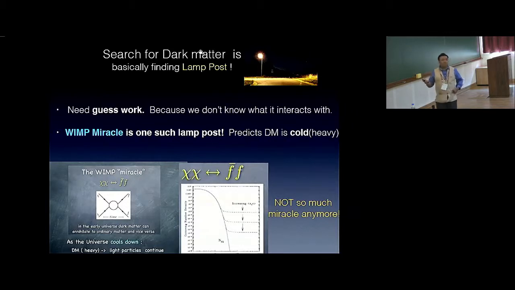And the last 20 years of dark matter search has been driven by the detection principle of direct detection of WIMPs, and also the results from LHC and indirect searches from satellite experiments. At present, given the Higgs mass and the non-detection of dark matter in colliders, it is not so much of a miracle anymore, because you don't get the cosmic density naturally.